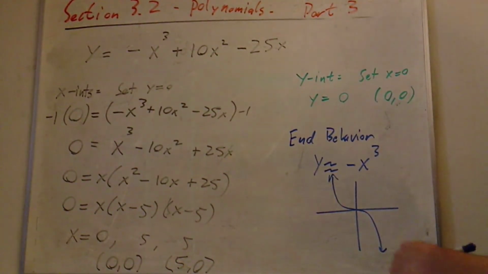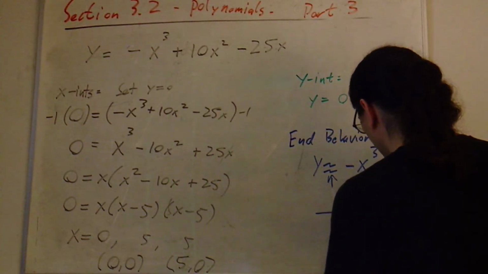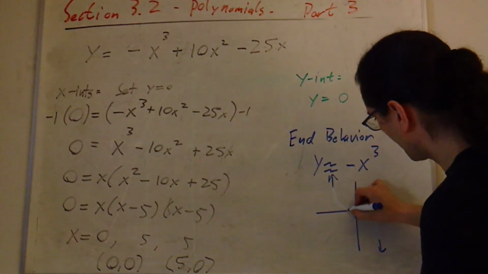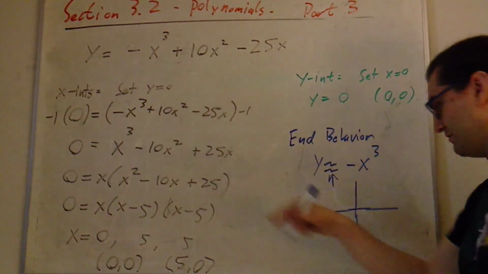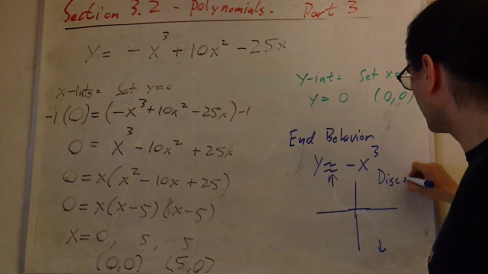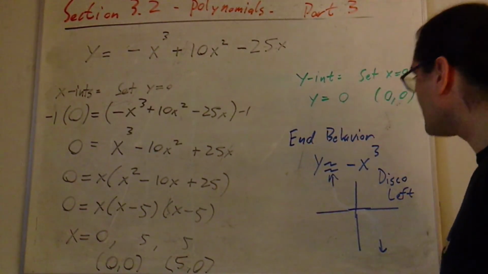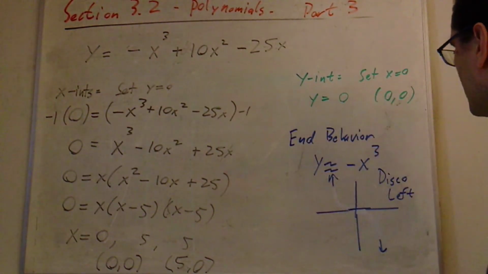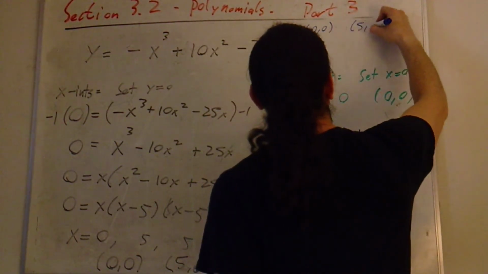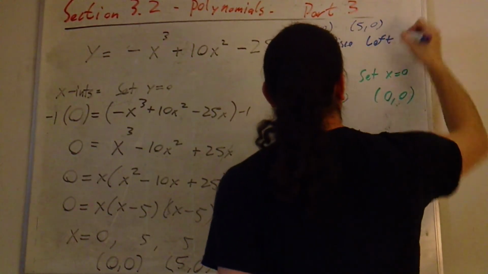But again, I don't care about all this local stuff happening in the middle. All I'm interested in is what's happening on the ends. Going up to the left, down to the right. I call this one disco left. So, got my intercepts, got my end behavior. Let me write that up here. 0, 0, 5, 0, and disco left.